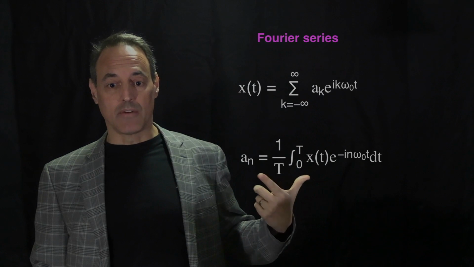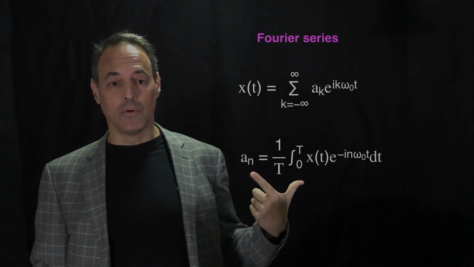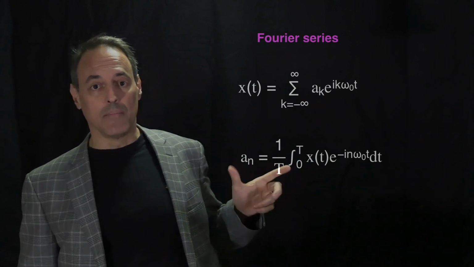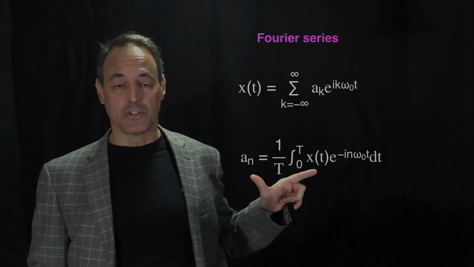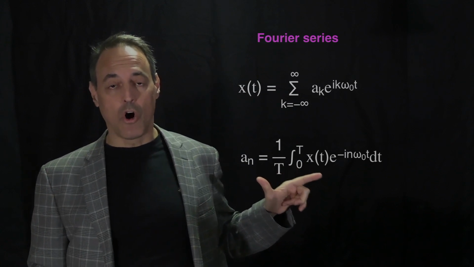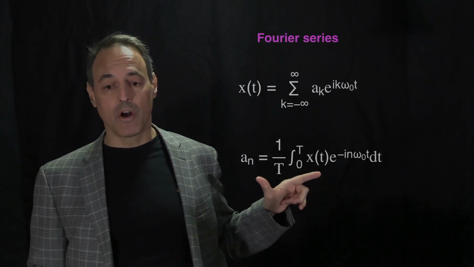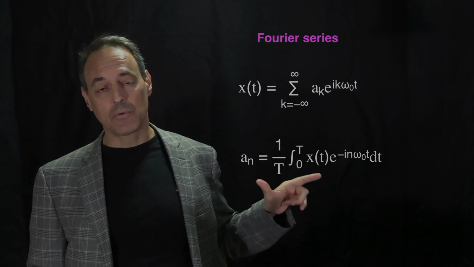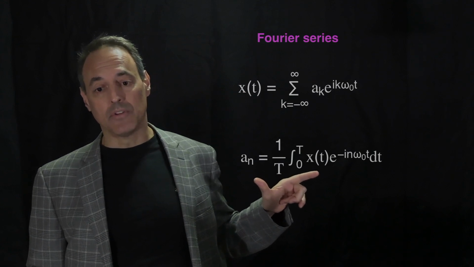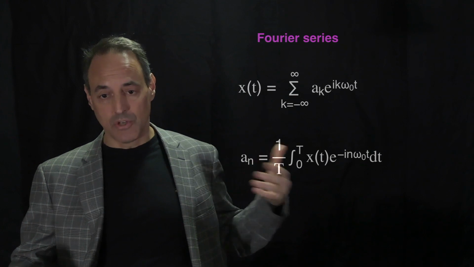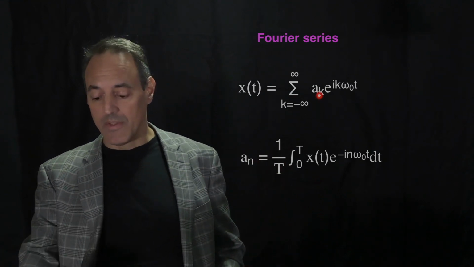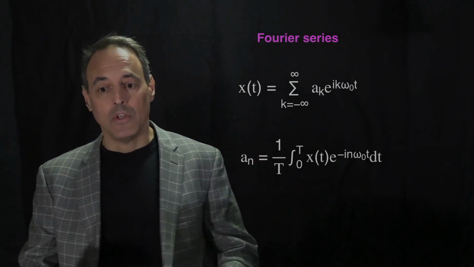But here is the a of k, just here. We got this through orthogonality conditions on those functions. So all those e to the i k omega naught t are orthogonal to each other, and you get this relationship here, a of n is equal to this number. You integrate this up, you get a number, and that's what goes in right here. So this is how you would construct a Fourier series representation.